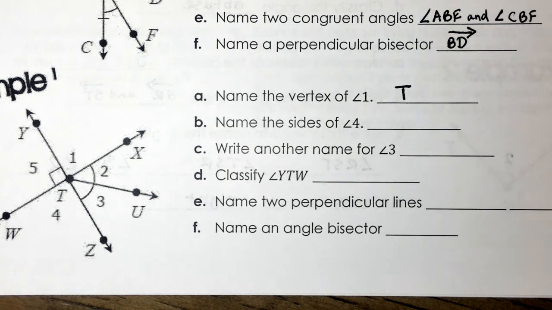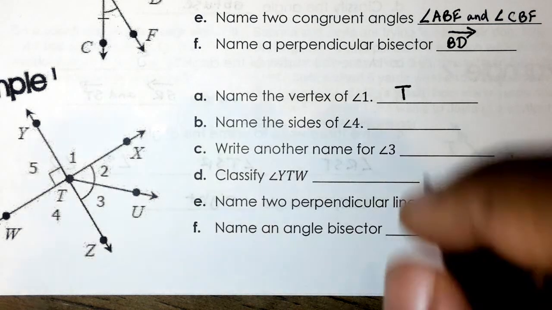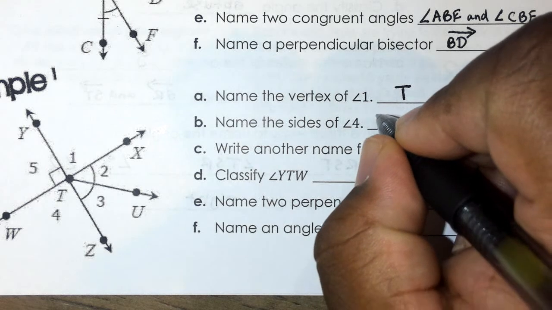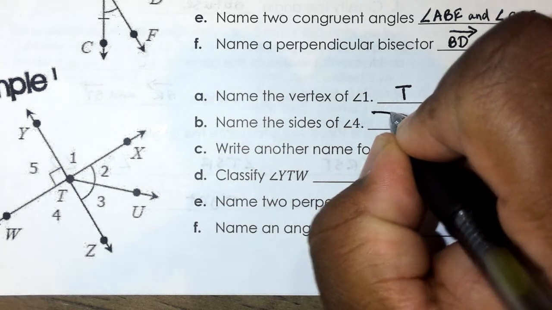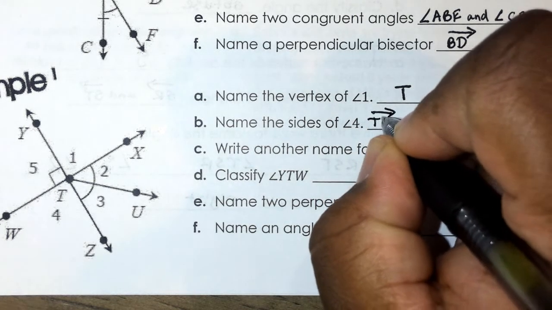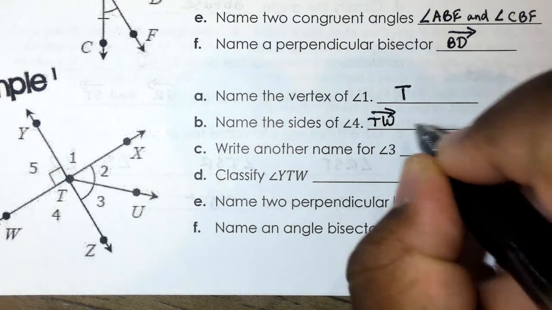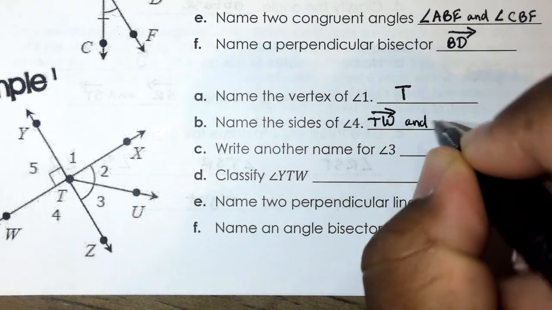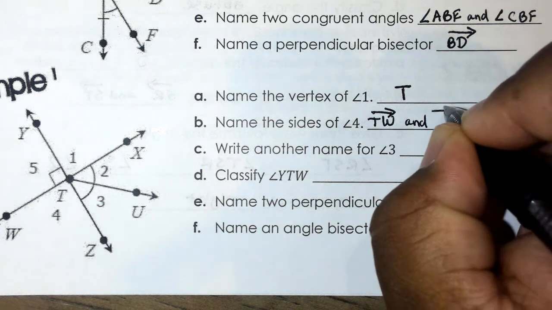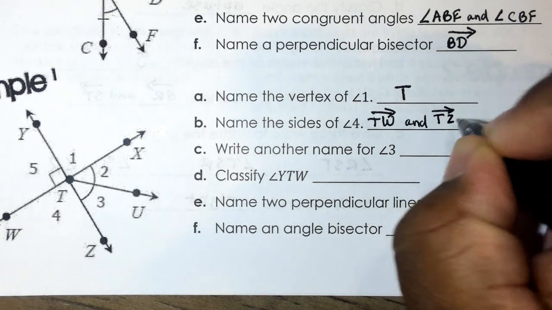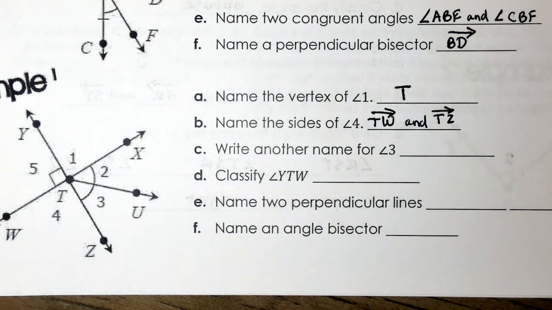Alright, so my two sides and everybody's two sides on this one should be ray TW and ray TZ. Those make up angle 4 for me.